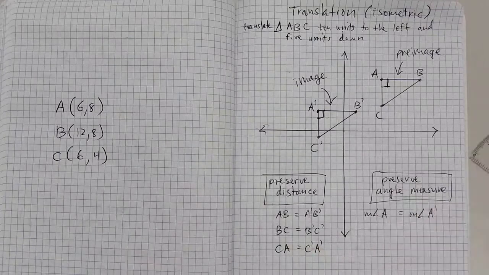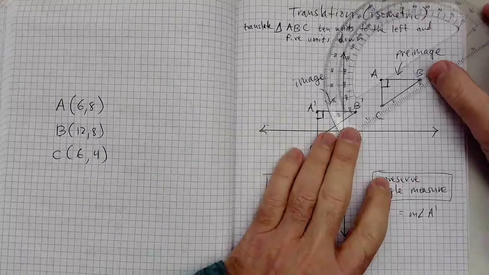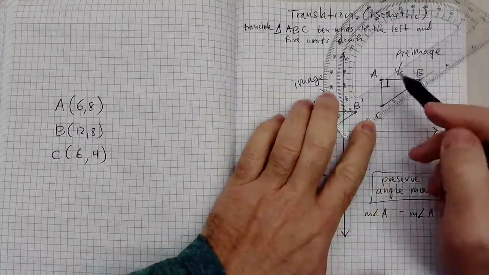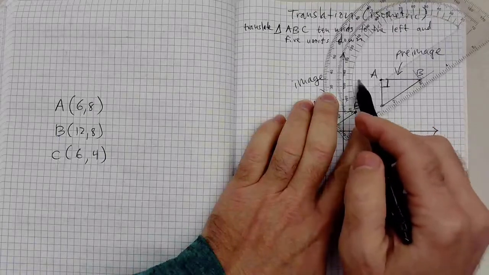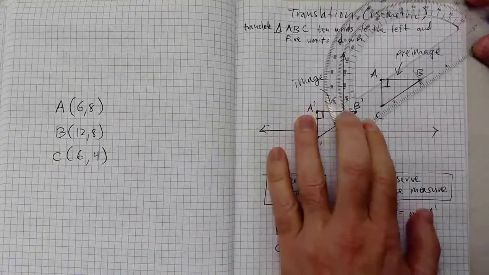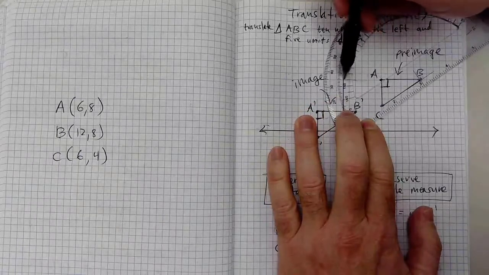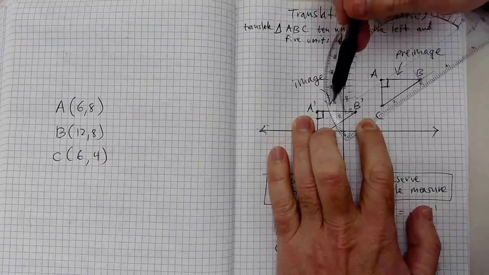Okay, so if I want to measure angle B, I'm going to put my protractor here. And notice that by using the grid, I can extend this side here, right? And I can come up with a measurement of just about 35 degrees, right? There's 10, 20, 35 degrees.